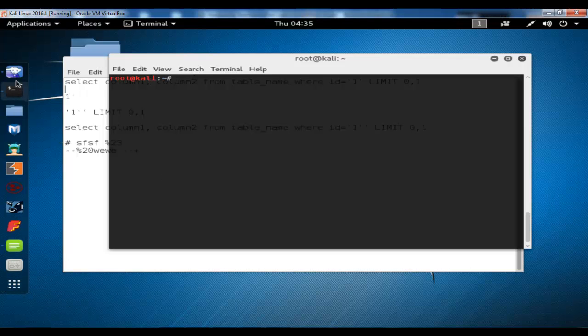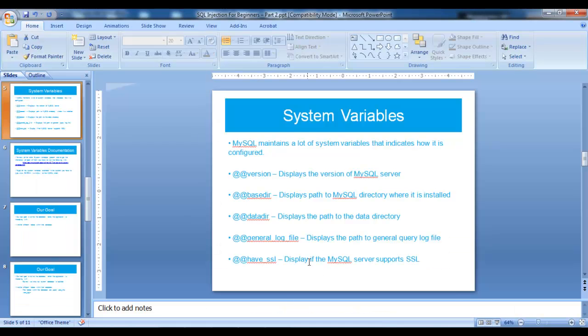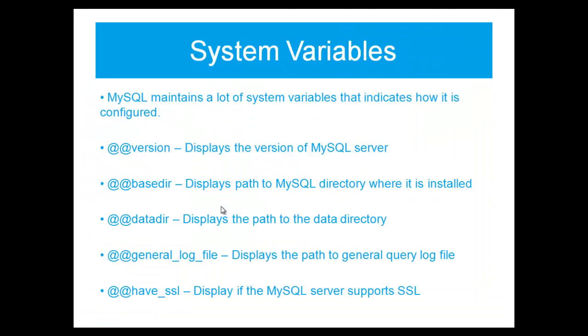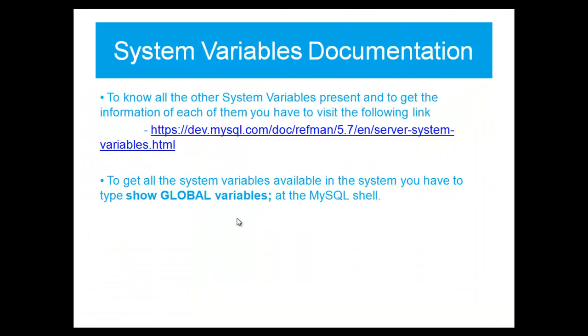So let's move on to our presentation. You can find all other system variables present in MySQL in this following link. You can check out this link. You get a lot of information, what the system variables are, and the details regarding the system variables.